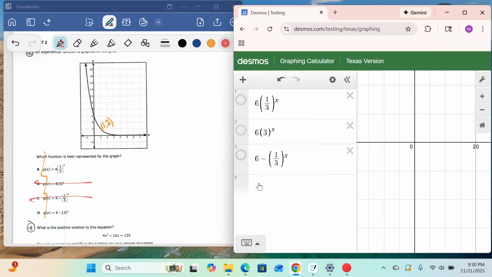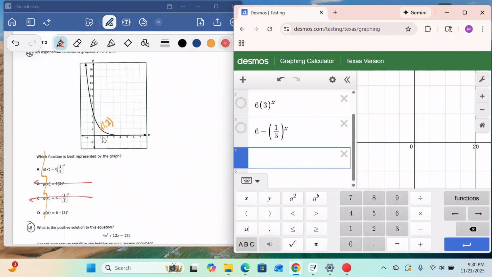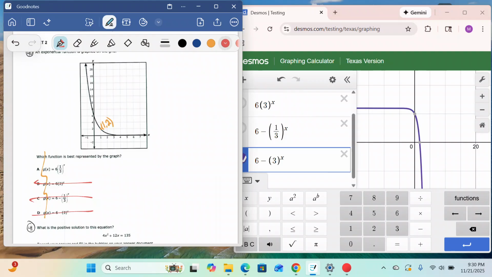So I'm going to look at the next one. And again, I do have another ordered pair, so in case you don't get the right answer, you can use that point. So it's going to be 3 raised to the x, right here, and that one is not even correct either because it's not shaped like the graph.